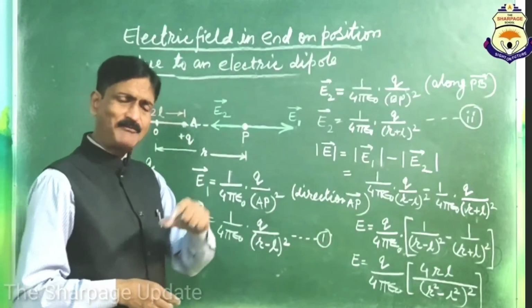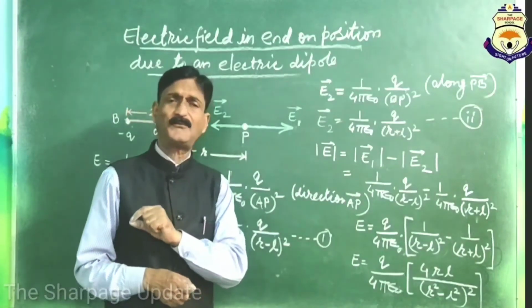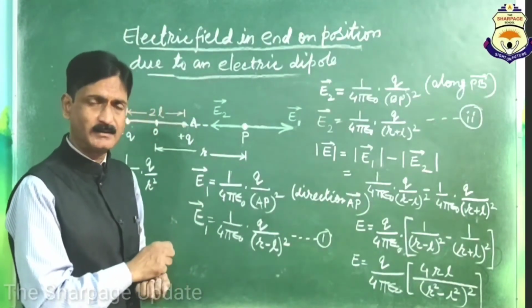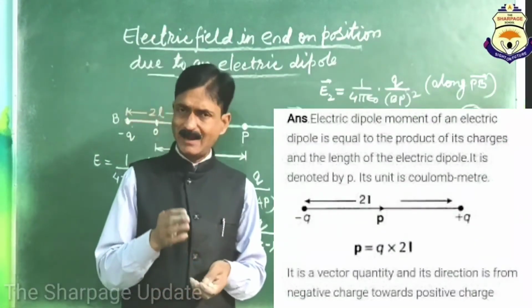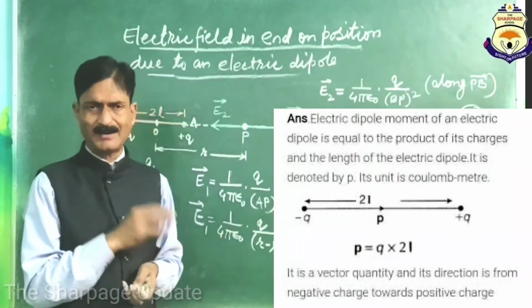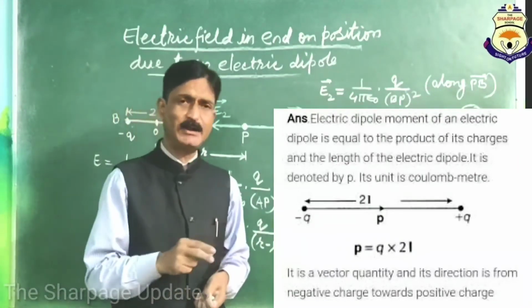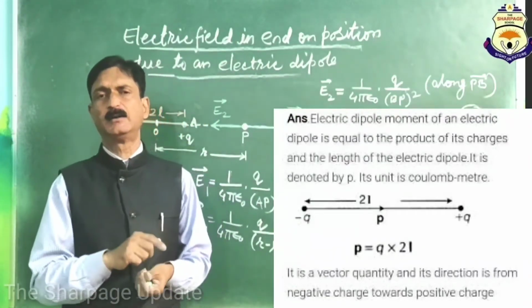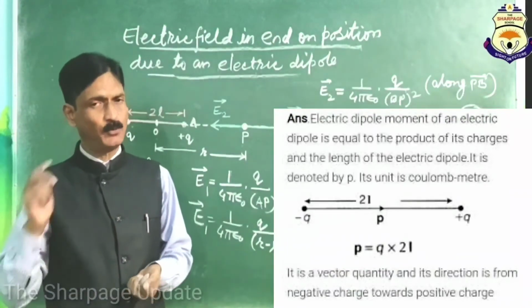as I have told you in previous video, the moment of electric dipole means electric dipole moment. Electric dipole moment is represented by P, and the meaning of electric dipole moment is the product of the magnitude of one charge and the distance of separation between the two equal and opposite charges of an electric dipole.